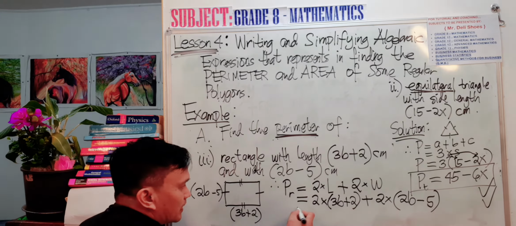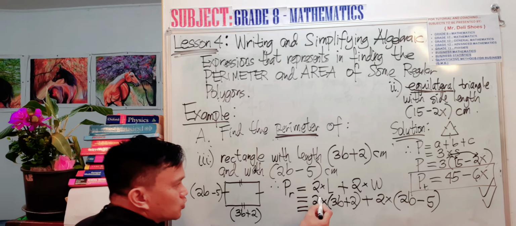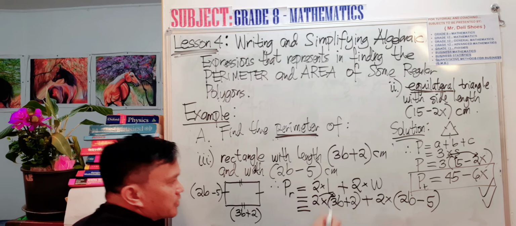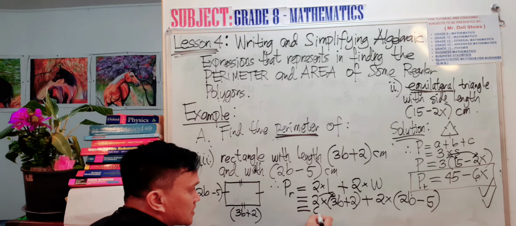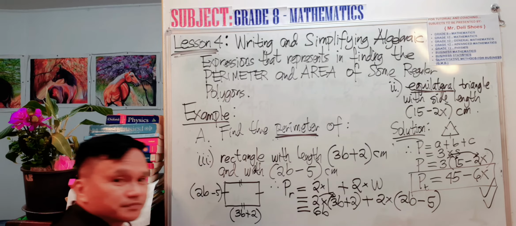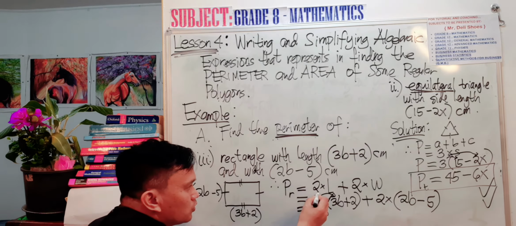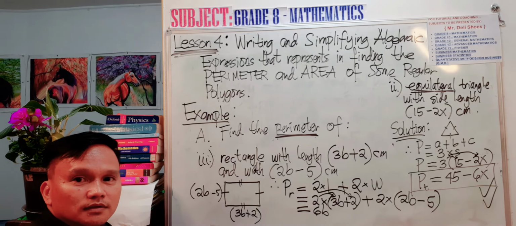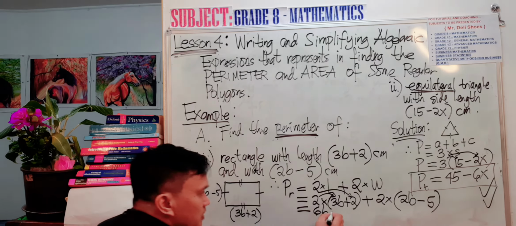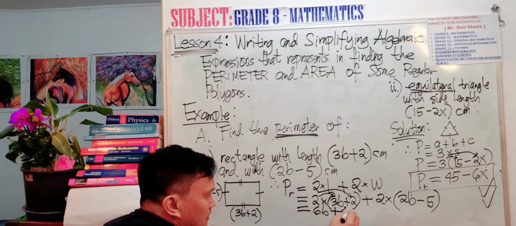Let's have this one now. 2 times 3b. Very good. 6b. 2 times positive 2. Very good. Positive 4. That's very easy.